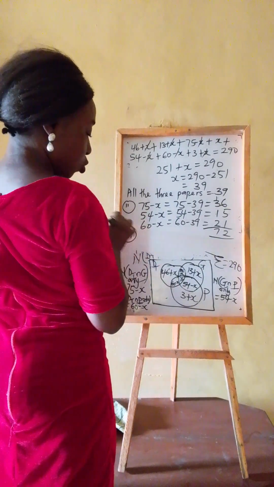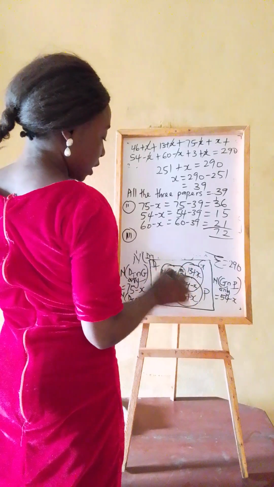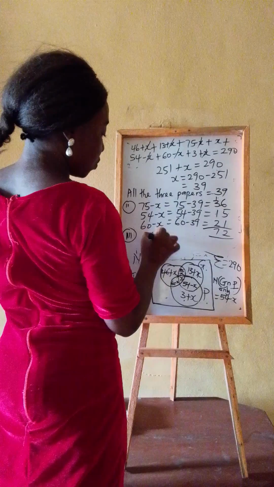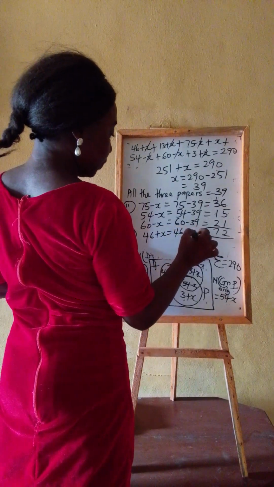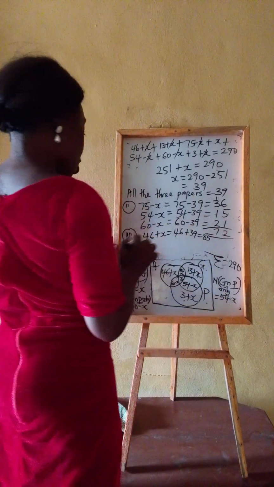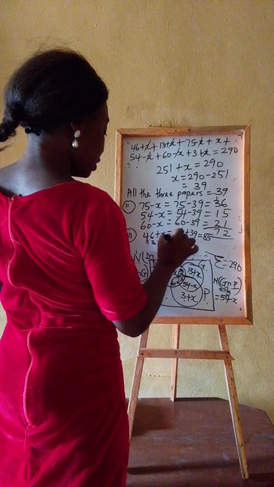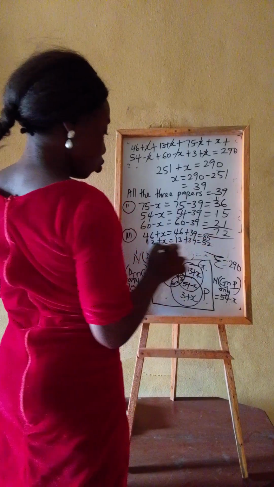Exactly 1. So this is 1, D, P, G, and P. So we have 46 plus x, and that's 46 plus 39, so we have 85. We have 13 plus x, which is 13 plus 39, and that's 52.